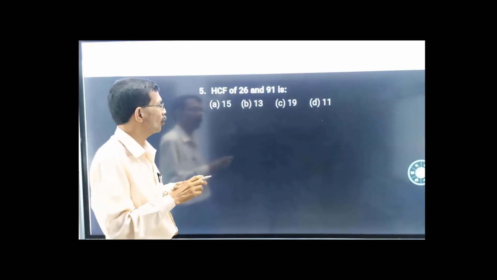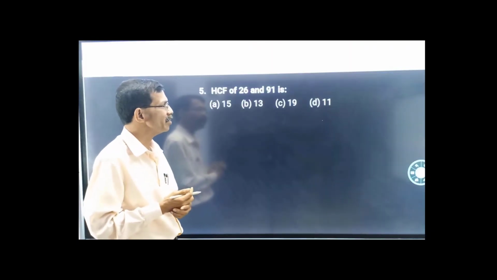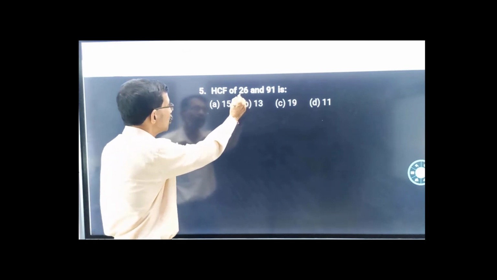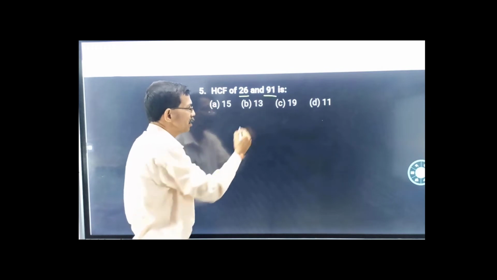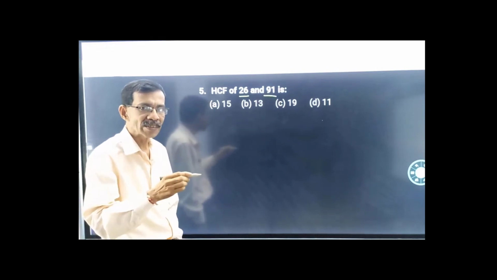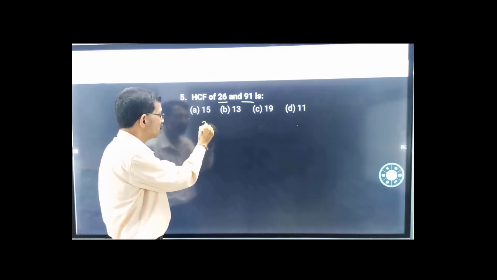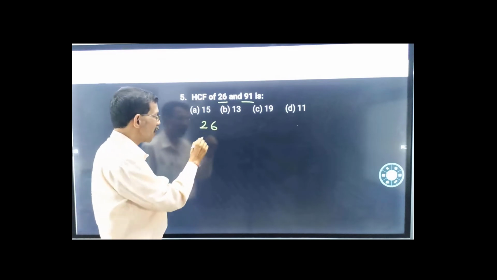Question number 5. HCF of 26 and 91 is, you have to find the HCF of these two numbers 26 and 91. So let us take 26 and write its prime factors.